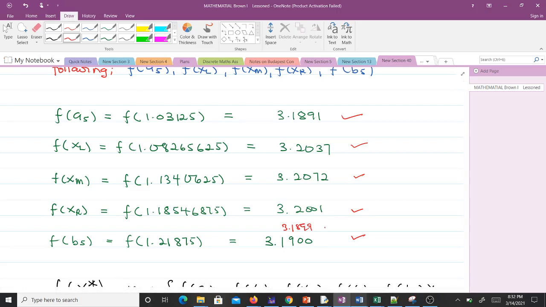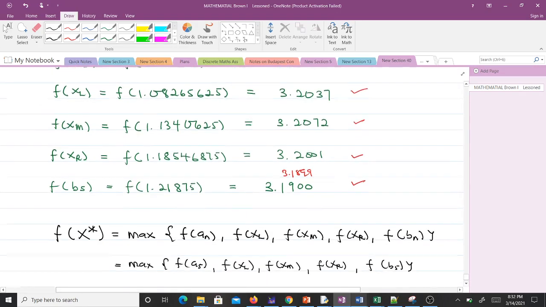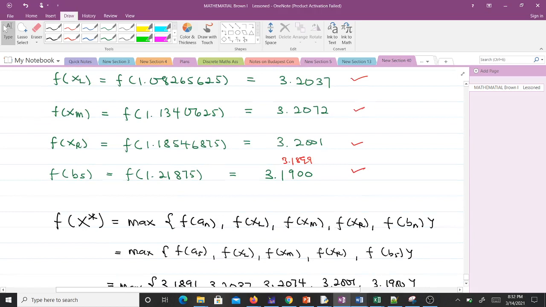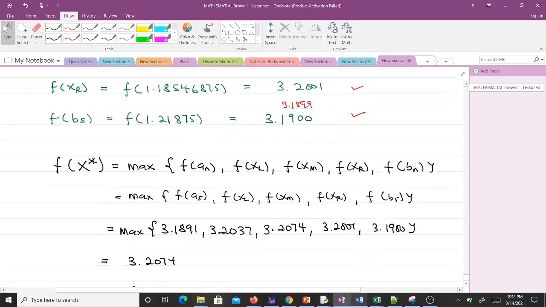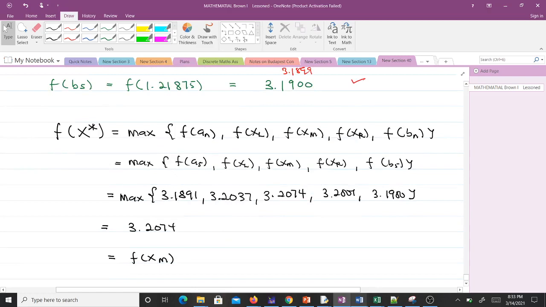Now that we have these 5 functional values, since the question asks us to maximize, we are supposed to find the maximum of it. So our f star, which is the solution, will be equal to the maximum of these 5 functional values.